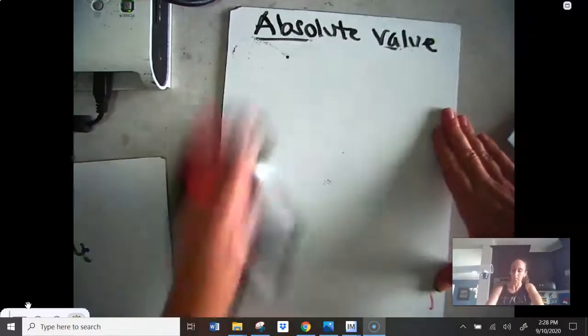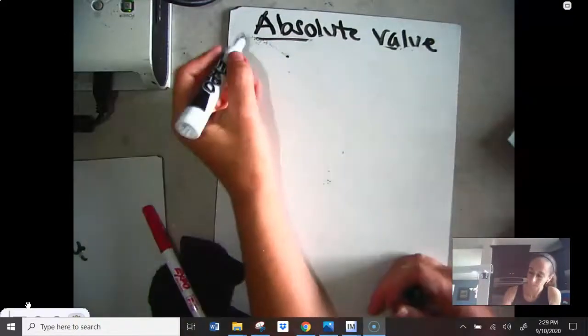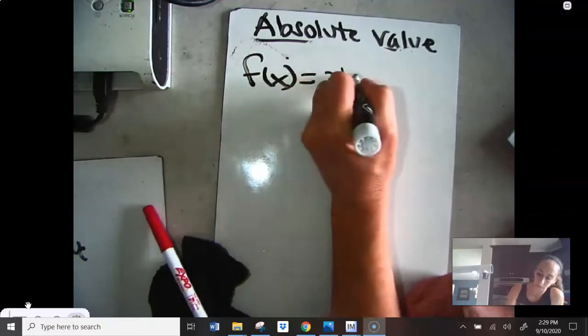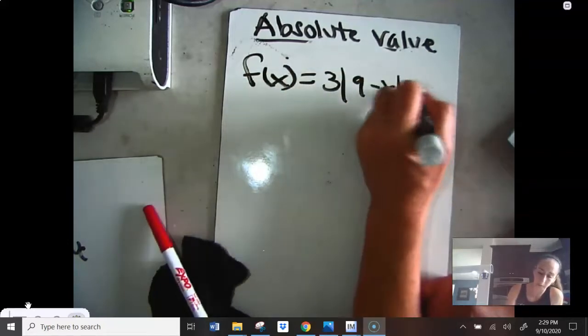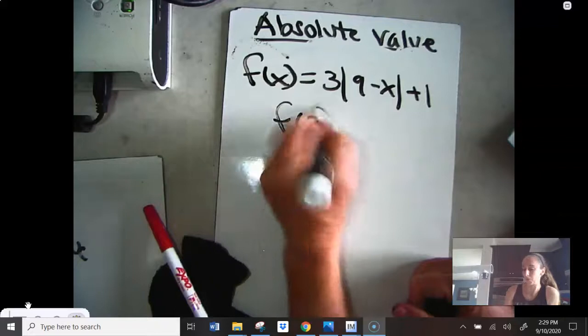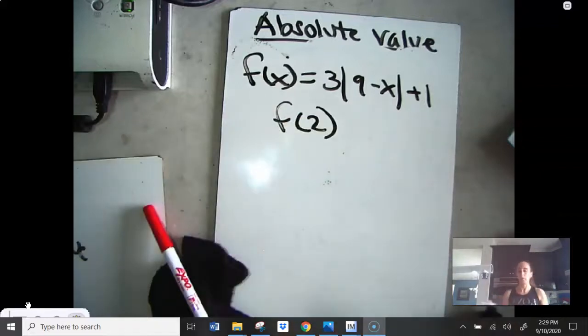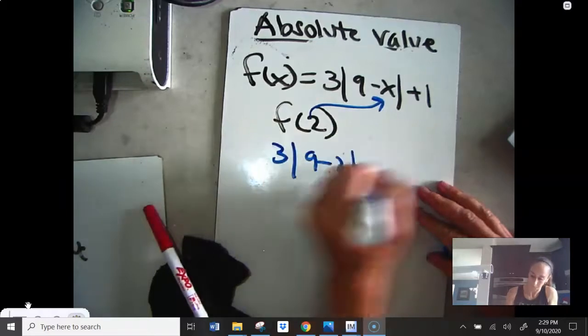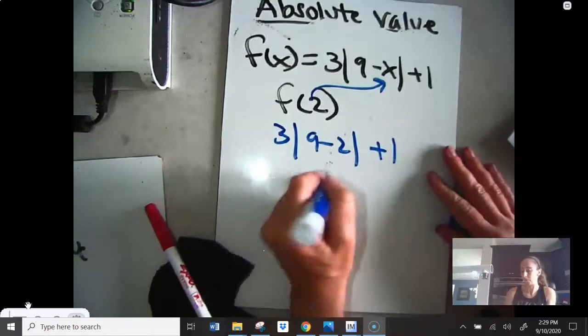Okay. If I had f of x equals 3 times the absolute value of 9 minus x, plus 1, and I say f of 2. What do you do? You plug in 2. 9 minus 2 is 7.